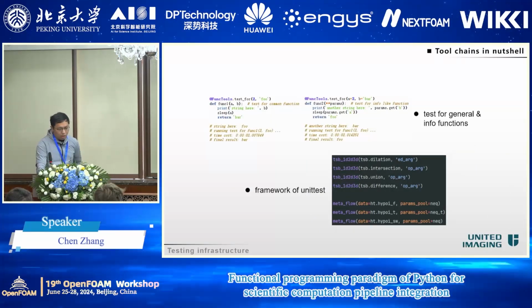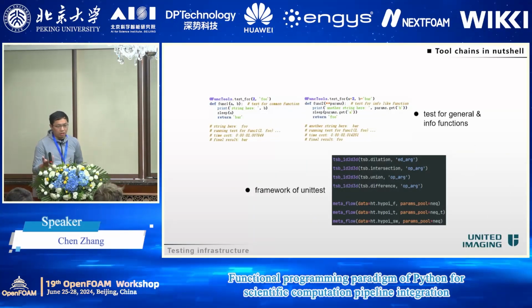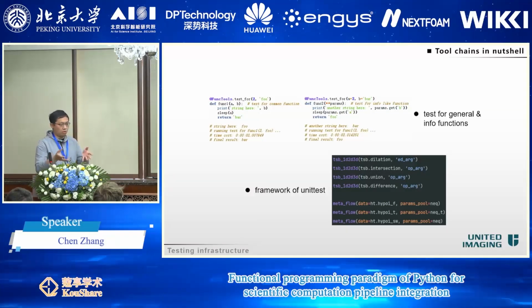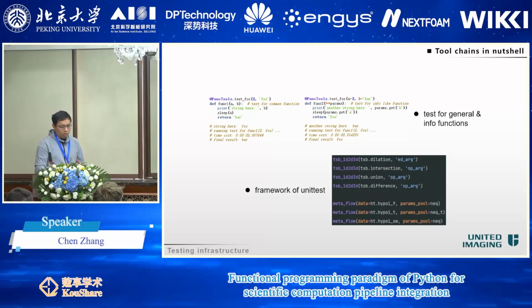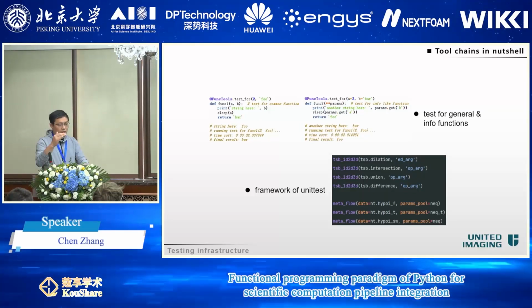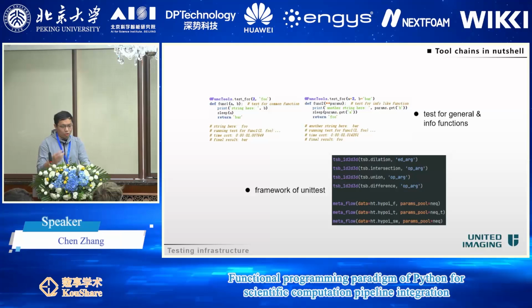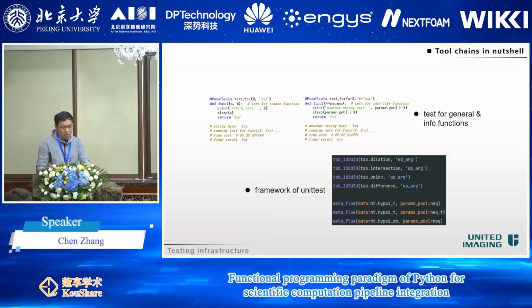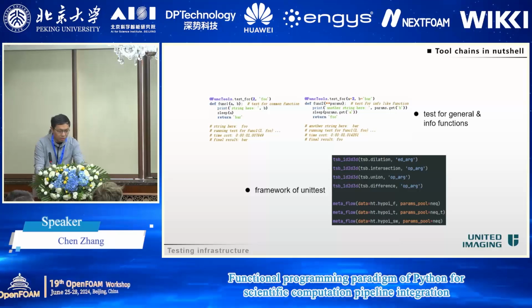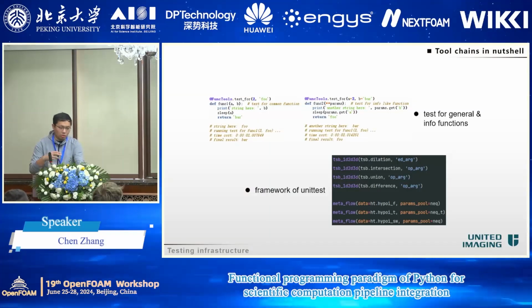And the last one is a testing framework. So in Python, maybe you write your function in a script, and you have to test your function in another place. So maybe you need to scroll up and down repeatedly.